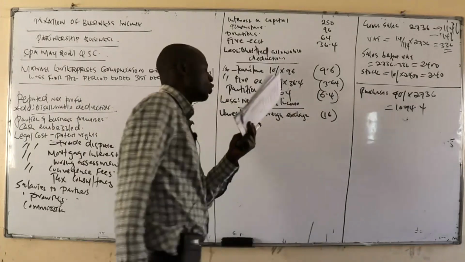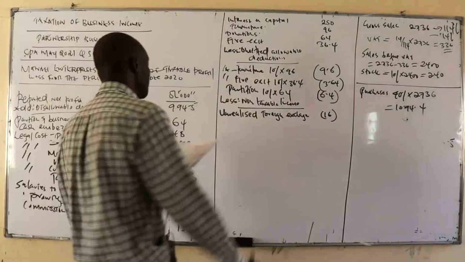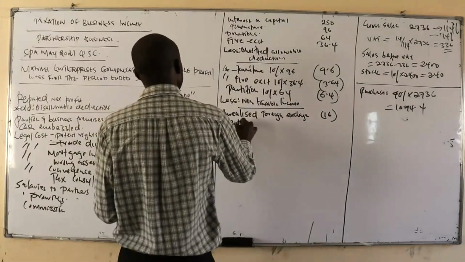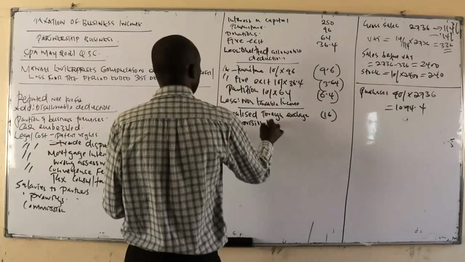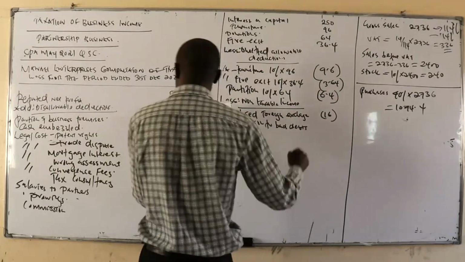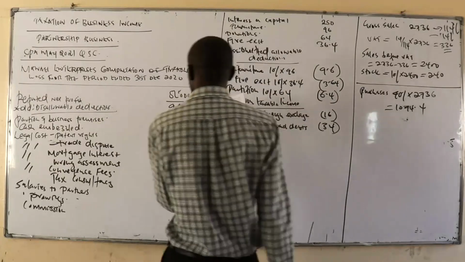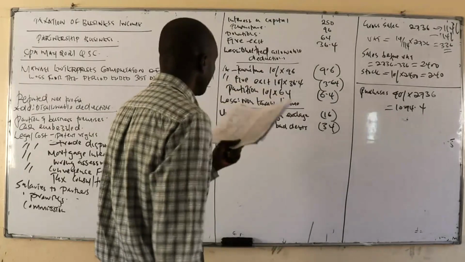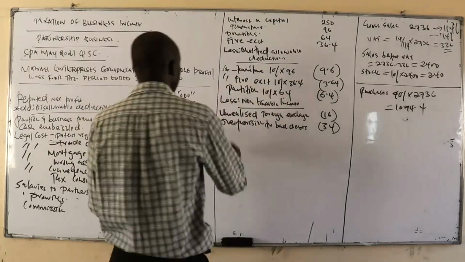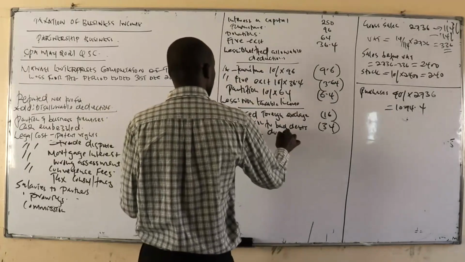Insurance recovery on stolen goods, that is taxable. Over provision for bad debts, that one is not taxable, 34. You deduct. And then interest on drawings is non-taxable income.